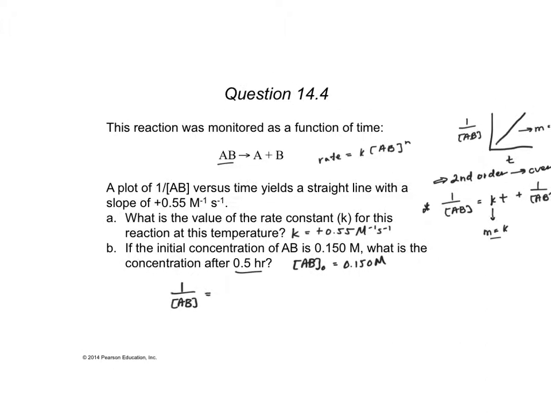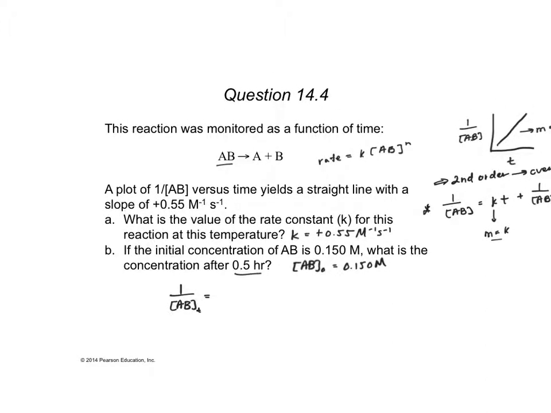So 1 over the concentration at whatever time we're interested in is equal to K T plus 1 over initial concentration. We know K, so we're solving for this guy. We can start plugging some stuff in. 1 over AB at time T is equal to K, which was 0.55 inverse molar inverse seconds, times T.